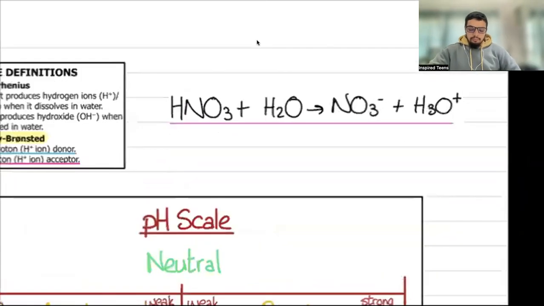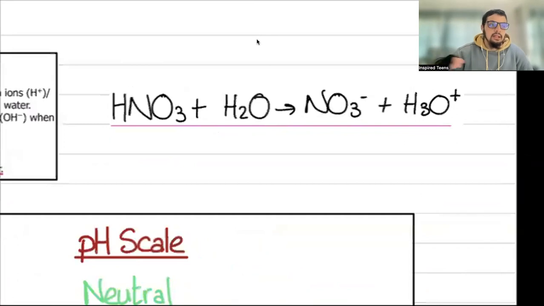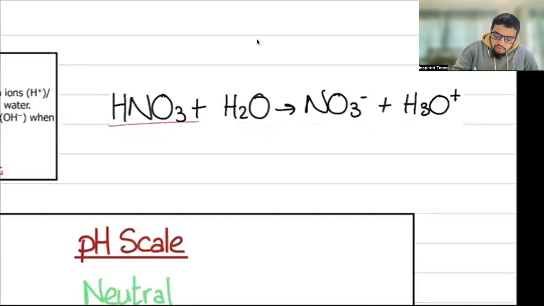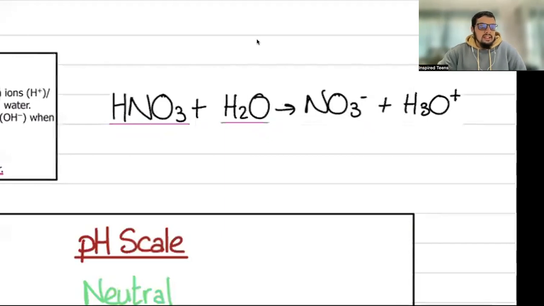Okay, so yes, we have this little chemical equation, and it's actually an ionization reaction, where one of these compounds on the left donates a hydrogen atom, and one of them receives a hydrogen atom.